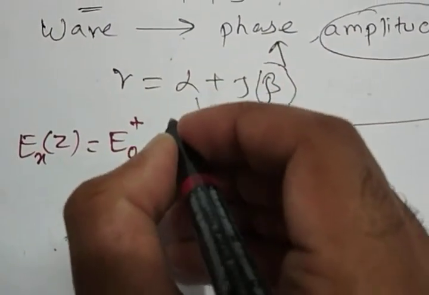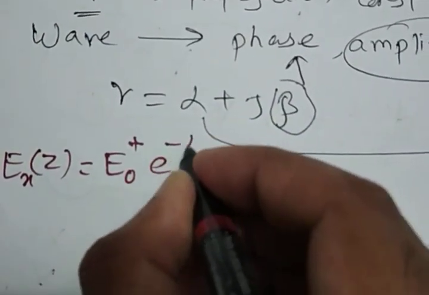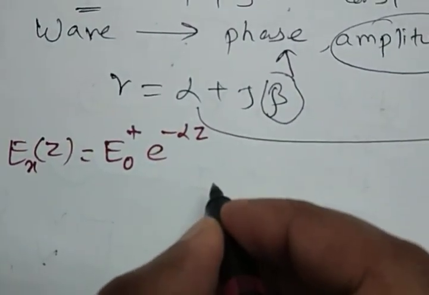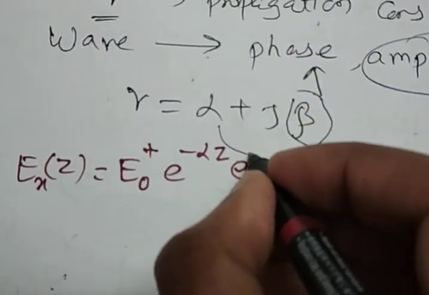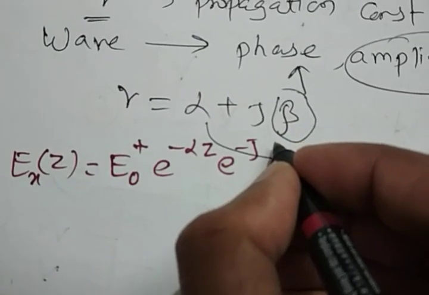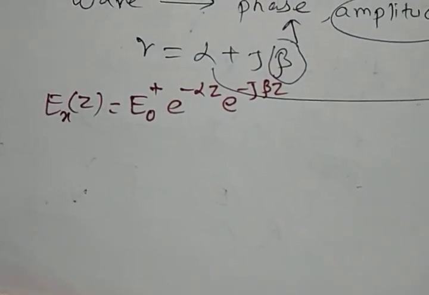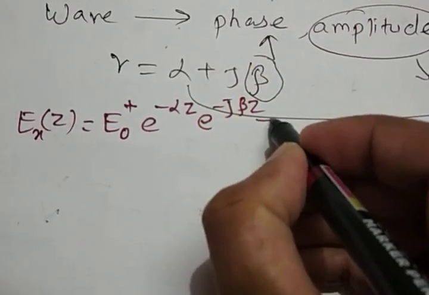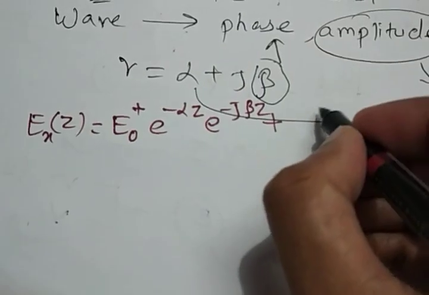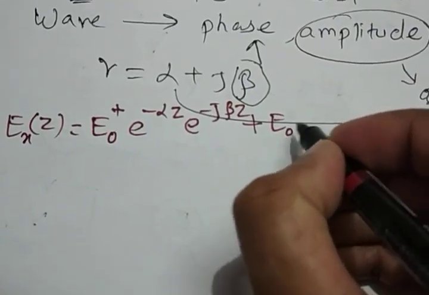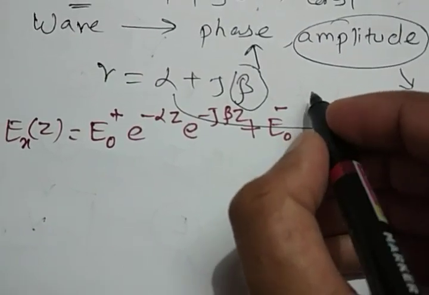It will be given by E to the power minus alpha z into e to the power minus j beta z, plus there will be a backward wave that will be negative, that is at distance 0 minus.